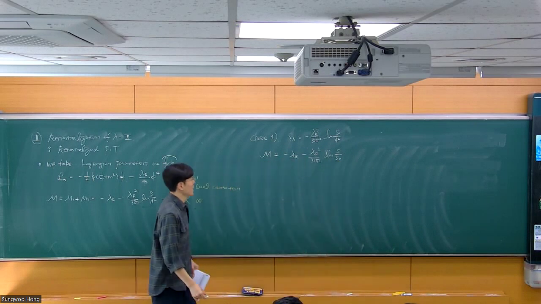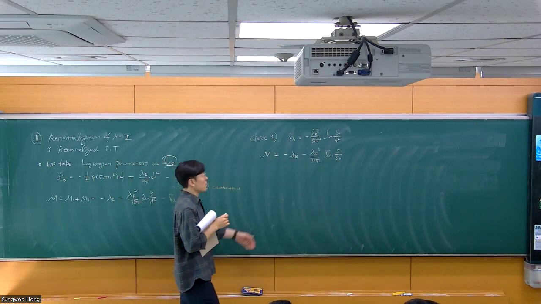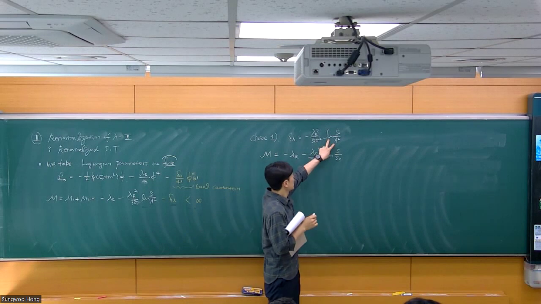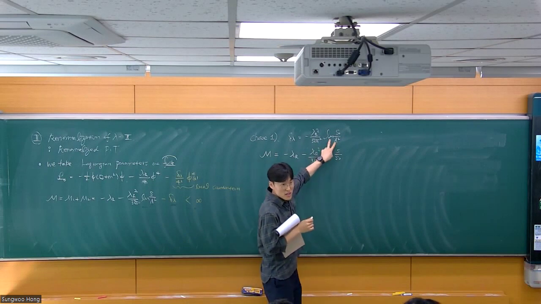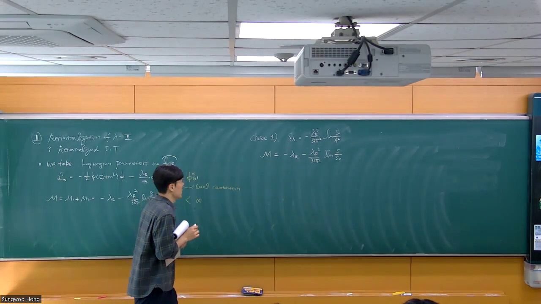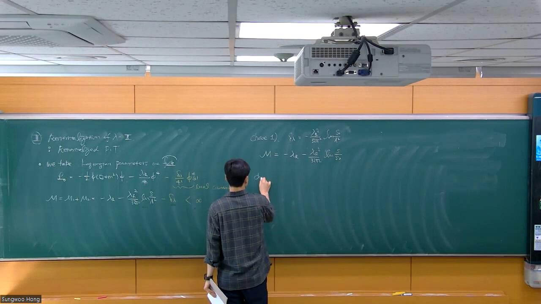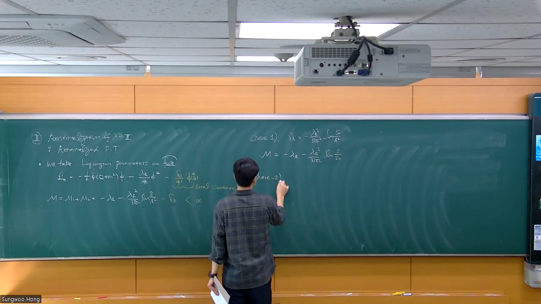So that's finite. So yes, I have designed properly the counterterm with the correct divergences so that I get the final answer. But just to illustrate my point, let me move on and write down the second possibility.